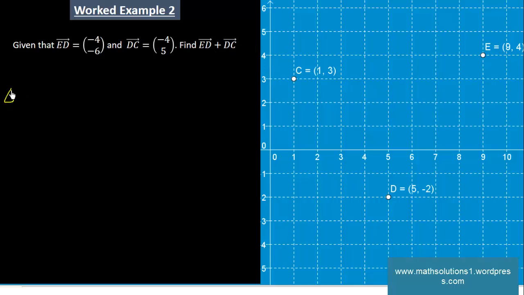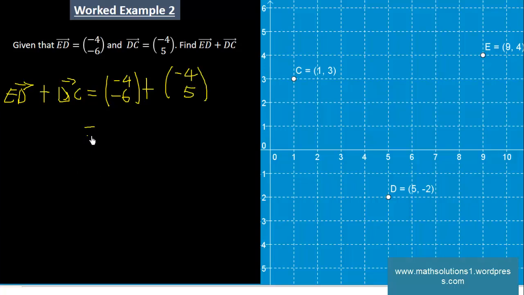So ED plus DC will be equal to (-4, -6) plus (-4, 5).